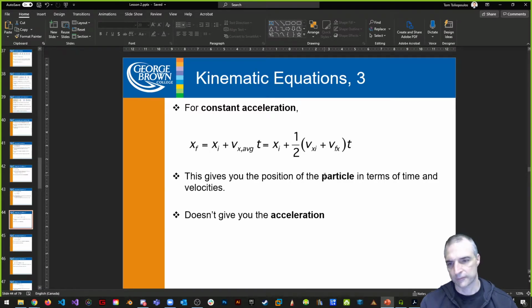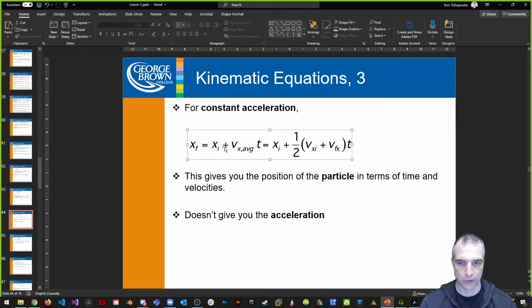For constant acceleration, if I want to find the final position, that's what this tells us, okay? The final position is equal to the initial position plus the average velocity, the initial velocity, right, times time, which you can rearrange to look like this. So there's two equations here, if you think about it.